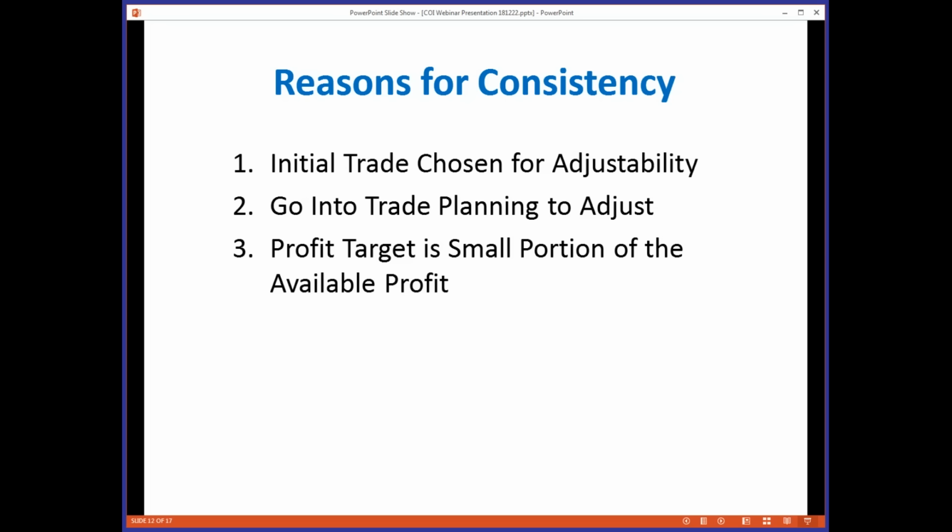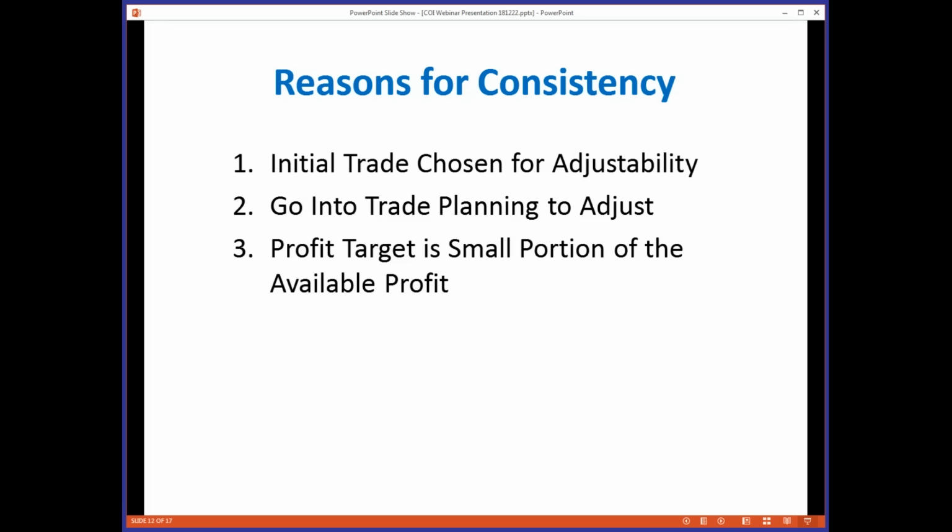So we're turning that around, and what we're saying is we're going to take a very small profit, only 5%, of a much larger potential profit. So it's much easier to do. As you're making this trade, doing adjustments and whatnot, you'll often just be surprised that all of a sudden you have your 5% profit.